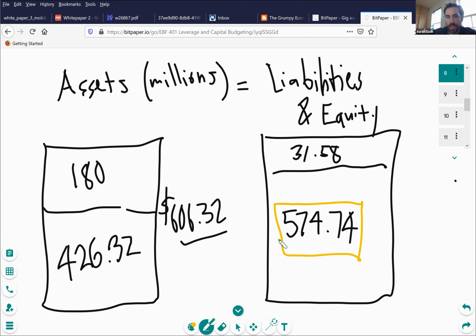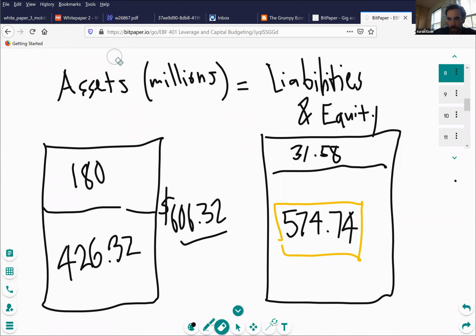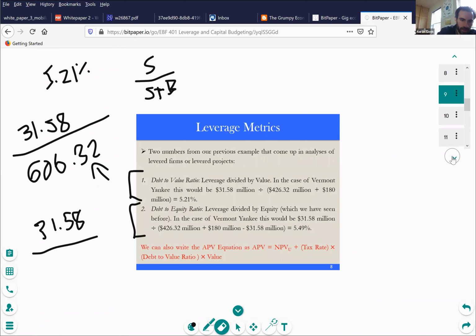That gives you 574.74. So that's the value of S, which can then be used to calculate the debt to equity ratio. That's what the denominator is here, 574.74.